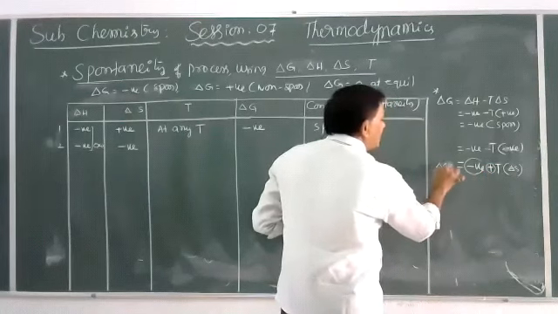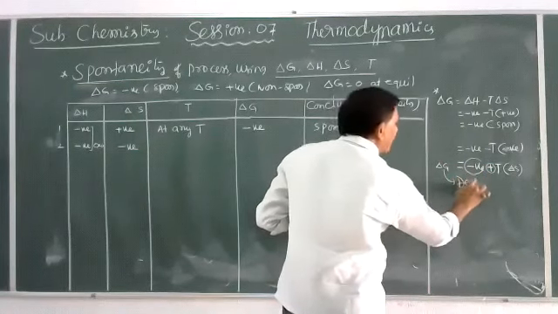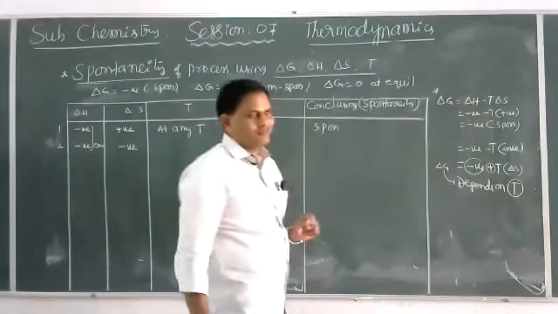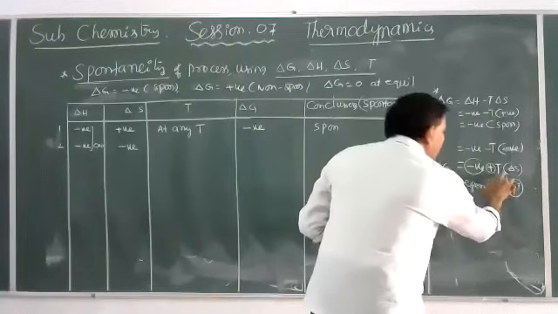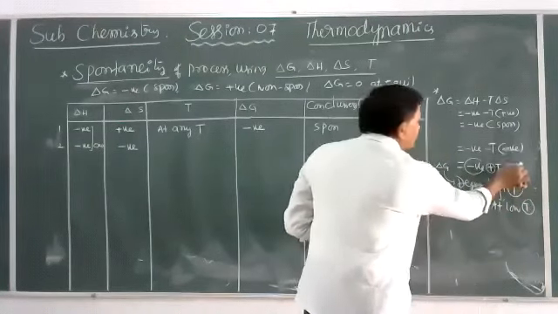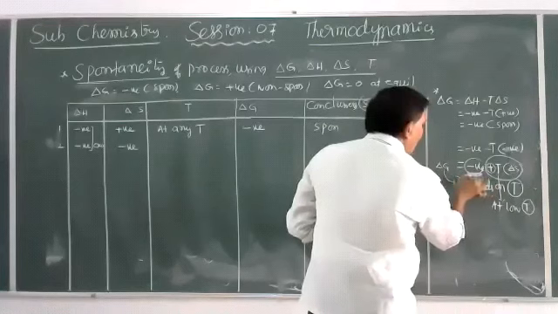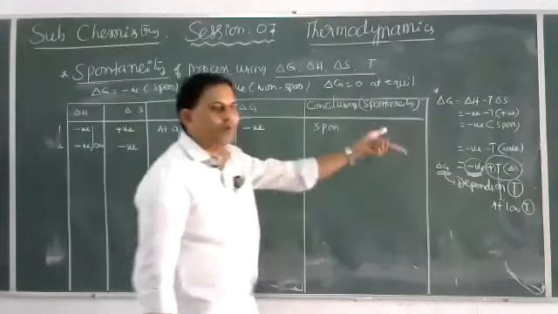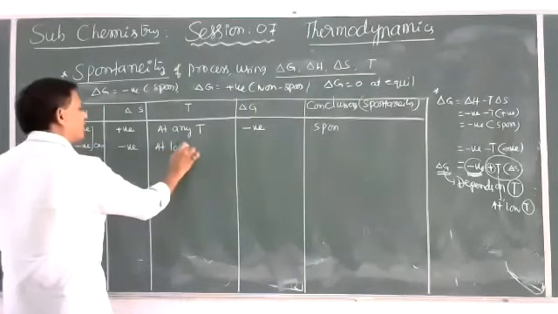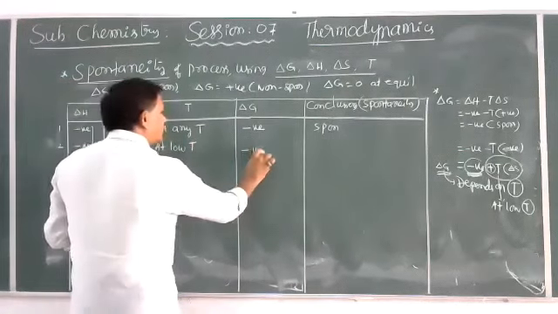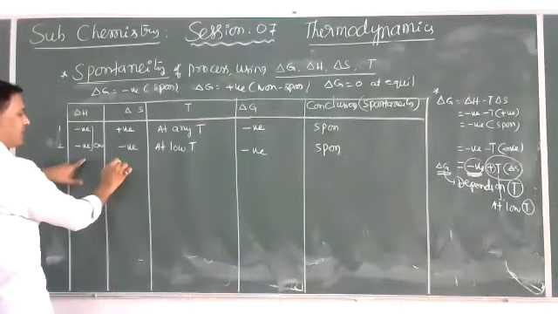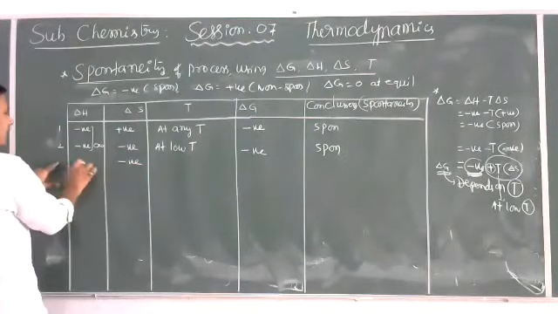That's why your delta G value depends on temperature. If the temperature is low, the positive value is low and the negative value is more, so delta G is negative, spontaneous. That's why at low temperature this value is negative, it is spontaneous.